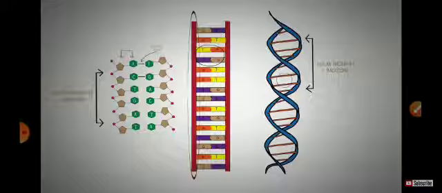At the 5' end it is a phosphate, and at the 3' end it is the hydroxyl end. And there is a distance present between the two base pairs. The height of the helix is 3.4 nanometers, and in each turn there are 10 base pairs.